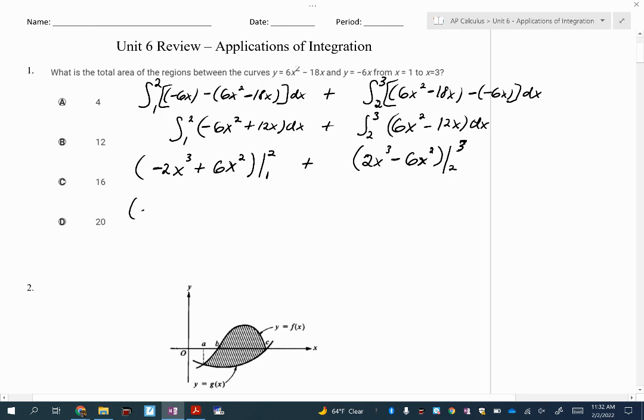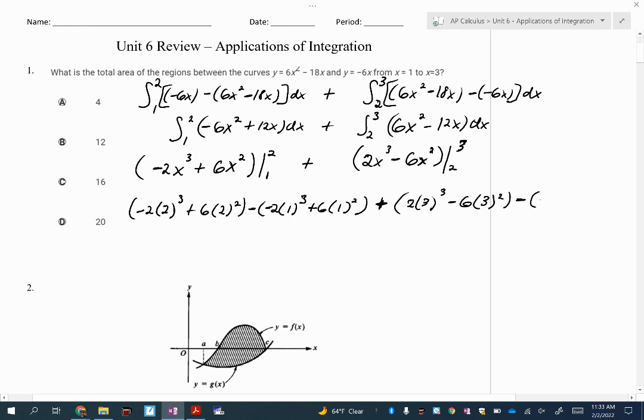So I have negative 2 times 2 cubed plus 6 times 2 squared, minus negative 2 times 1 cubed plus 6 times 1 squared. All of that plus 2 times 3 cubed minus 6 times 3 squared, minus 2 times 2 cubed minus 6 times 2 squared.